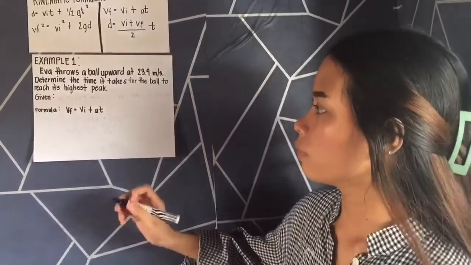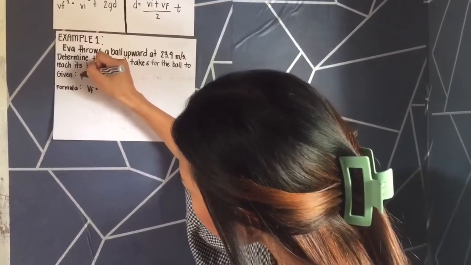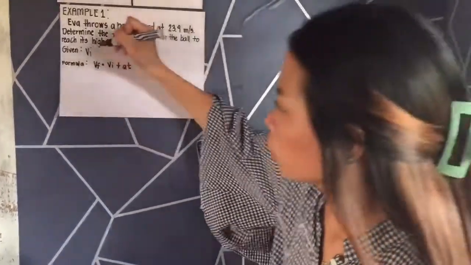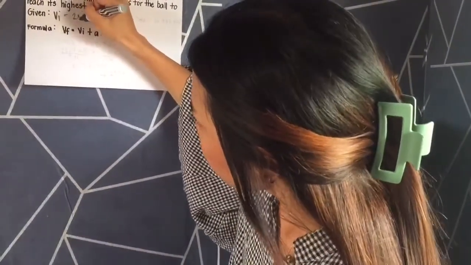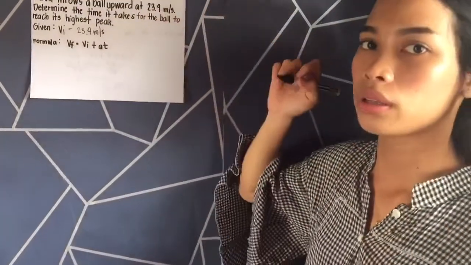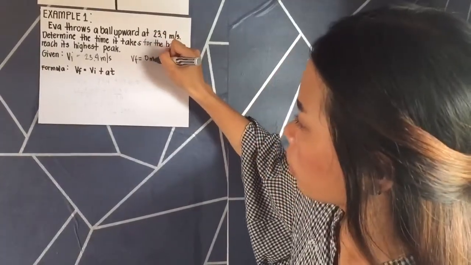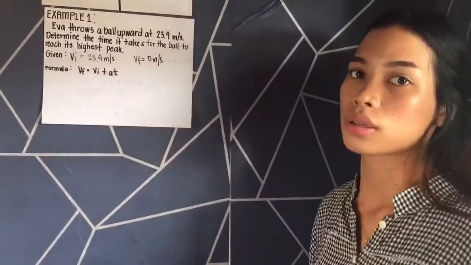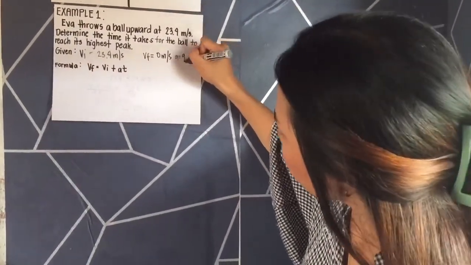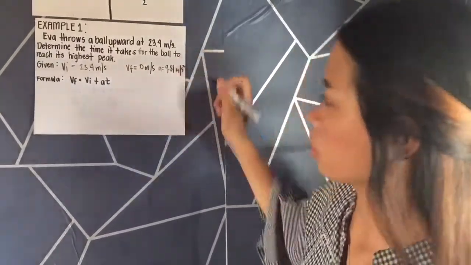The given are the initial velocity of 23.4 meters per second, and our final velocity is 0 meters per second, and we know that the acceleration due to gravity is 9.81 meters per second squared.